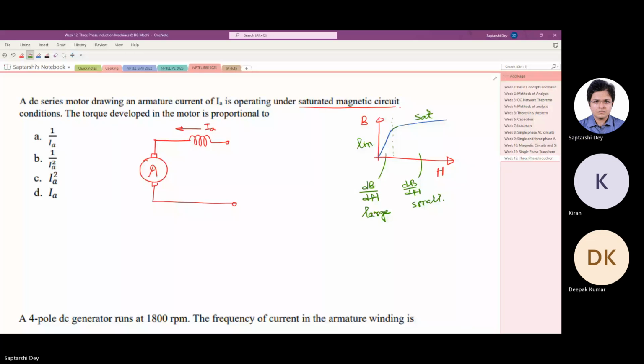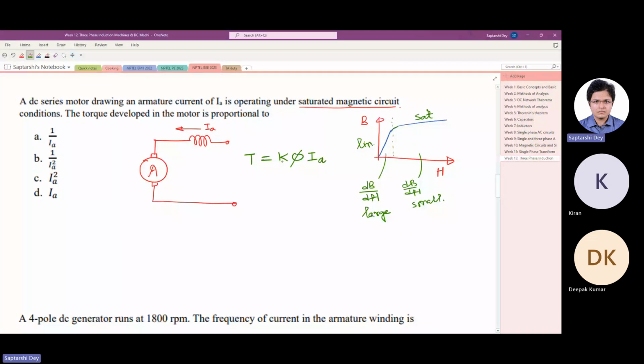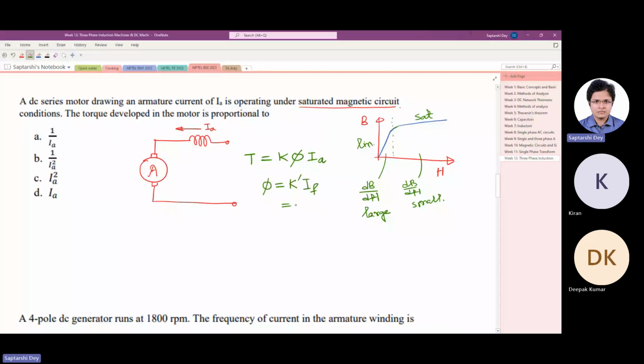Now, the torque is K phi Ia for any DC motor, right? Now, phi is some constant, say K prime, times field current If, which is in this case equal to Ia.